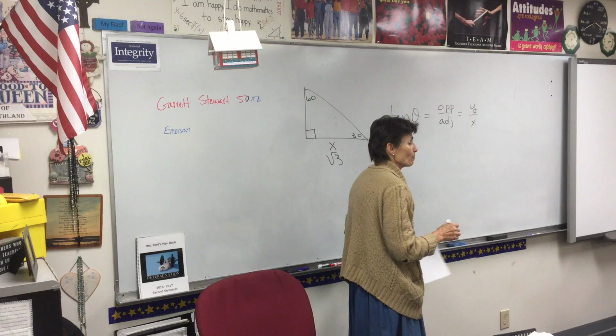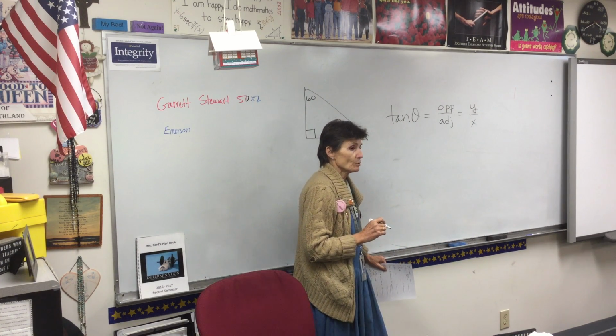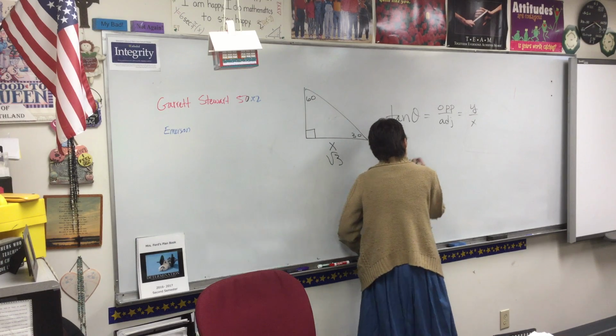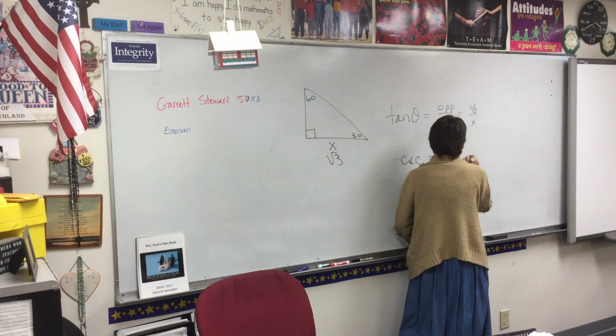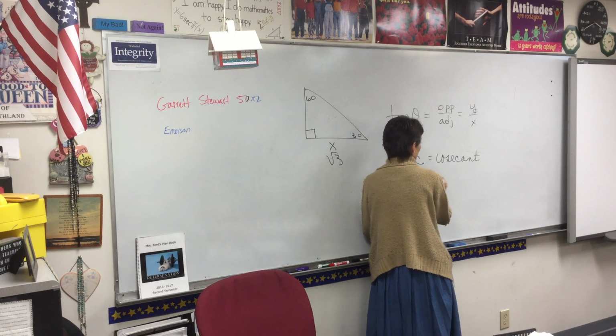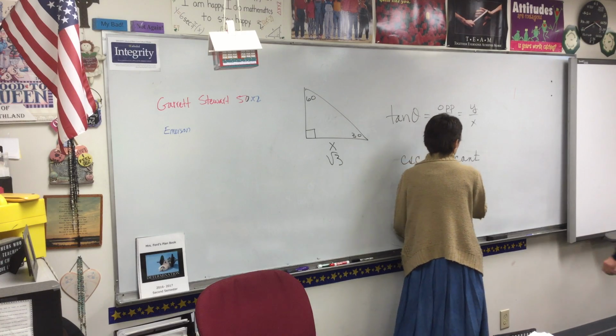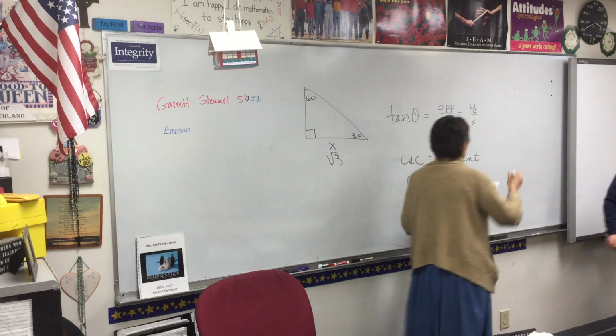All right, what's the abbreviation for cosecant? Cosecant, CSC. Please do not say COS, because COS is the abbreviation for cosine. So we have to make sure we keep those two straight.